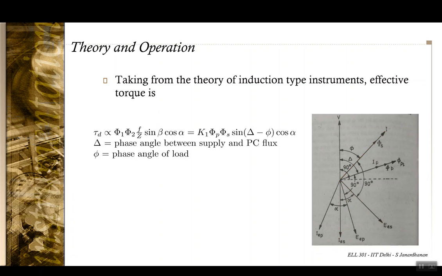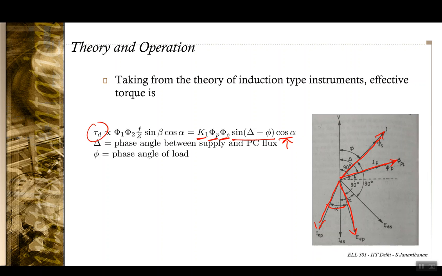Now, since we have assumed that the two torques are in opposition, the effective deflection torque would be proportional to phi p phi s into the sine of the phase difference between these two fluxes, and alpha being the power factor of the eddy current circuit, so you have cos alpha here.